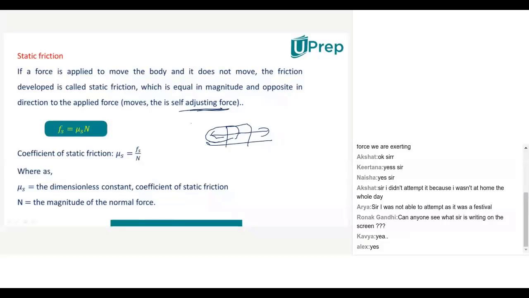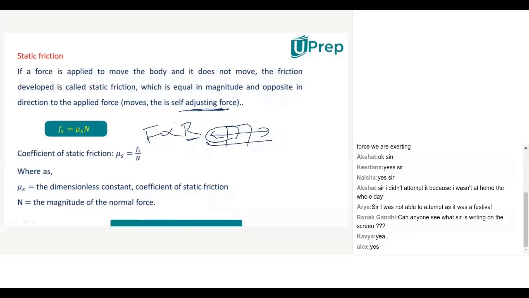In the previous class, you learned that the frictional force is always proportional to the normal reaction, which is R, isn't it? Is it right or wrong?